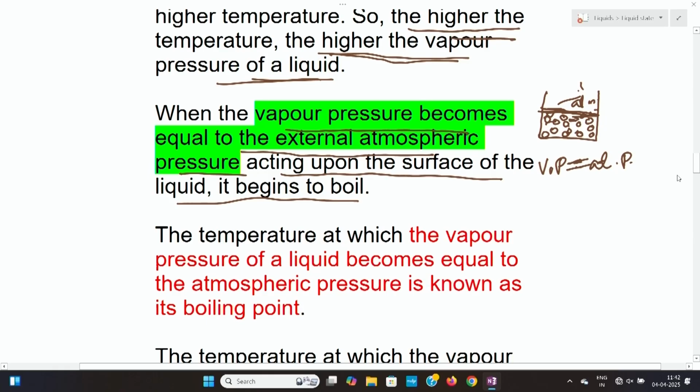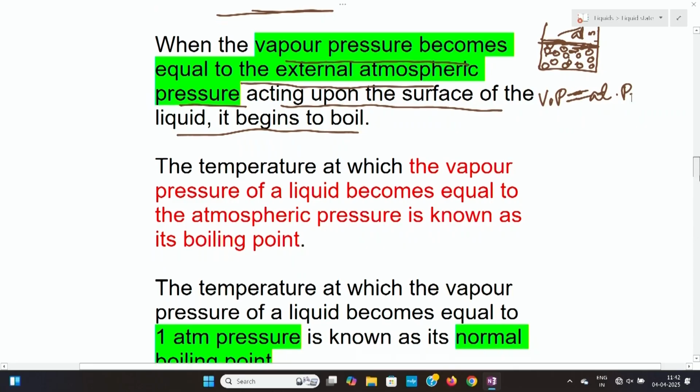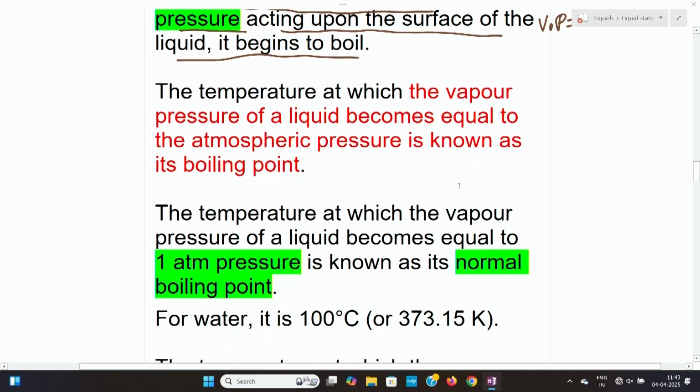I hope you understood what boiling is. Boiling is nothing but when the vapor pressure of a liquid is equal to the atmospheric pressure at the surface. Here we have a definition for boiling point.